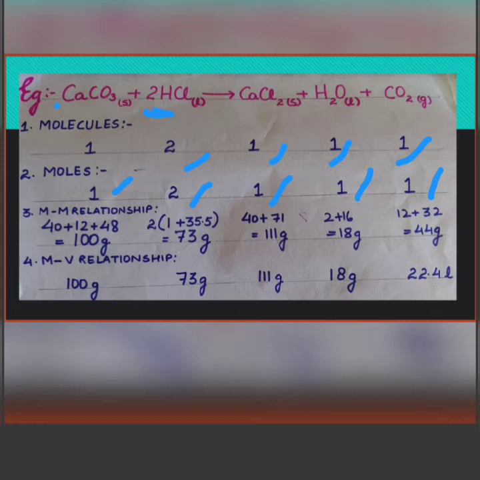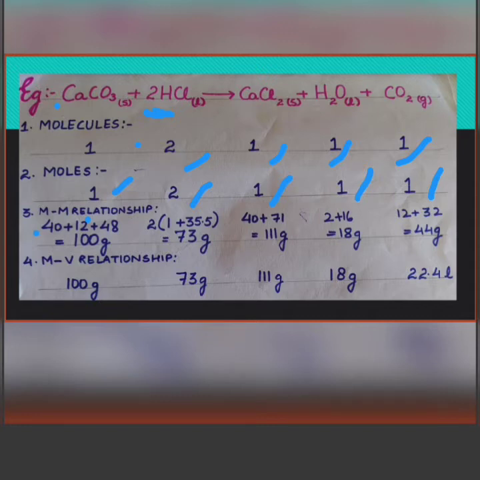Then the third is the mass-mass relationship. Let me explain. Calcium has atomic mass 40, so I have written 40 here. After calcium we have carbon, whose atomic mass is 12, and after carbon we have oxygen, which has 3 atoms.